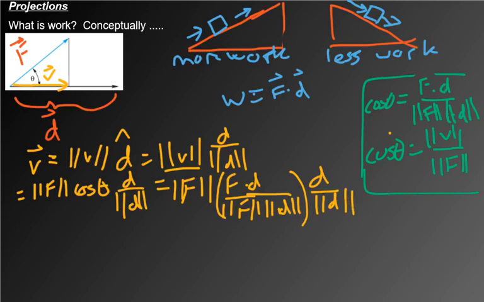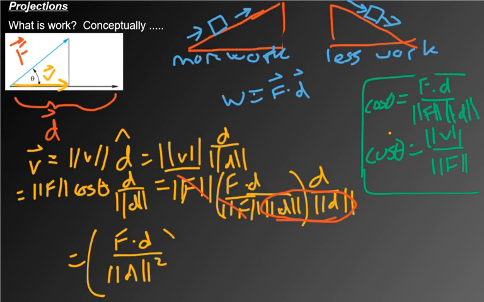We've got the magnitude of f, and we can simplify the rest because that's the same thing multiplied, so we could just square it. We can rewrite this as f dot d over the magnitude of d squared, and all of that is times this vector d.